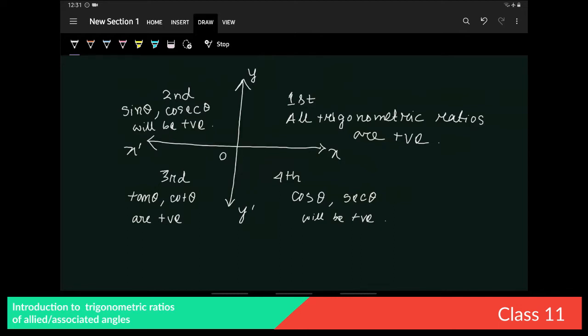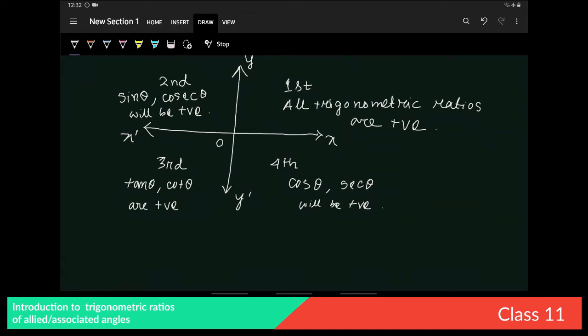In third quadrant, tan theta and cot theta are positive and the other ratios are negative. In fourth quadrant, it is cos theta and sec theta which will be positive, and the other ratios will be negative.